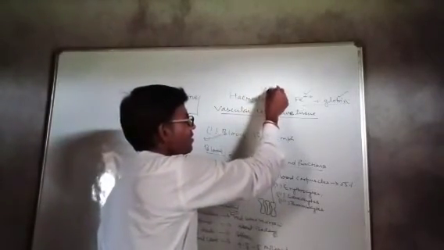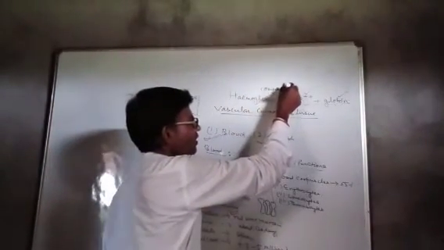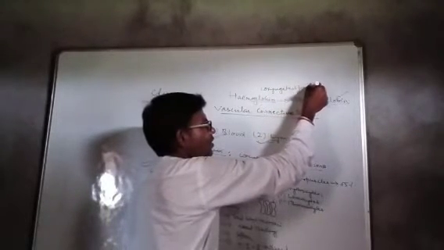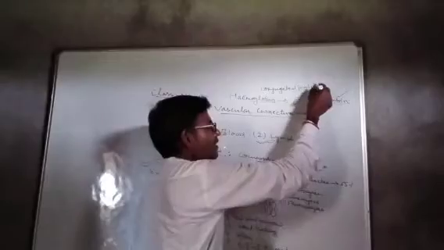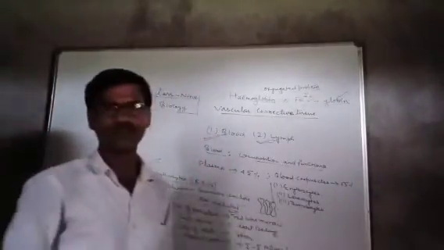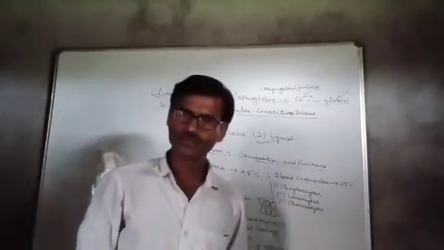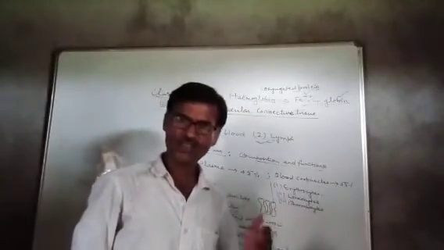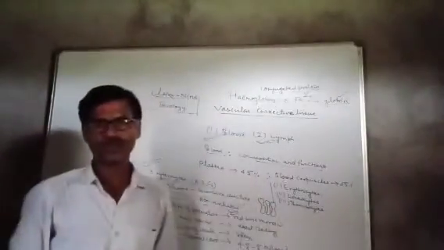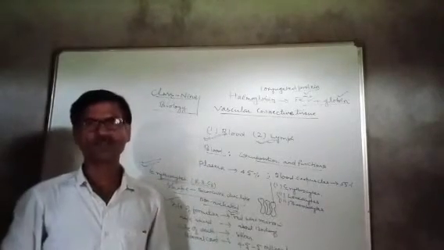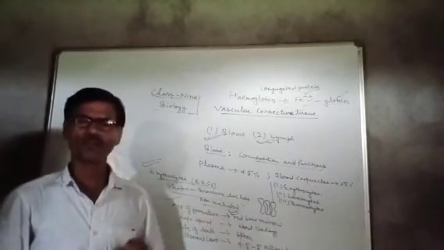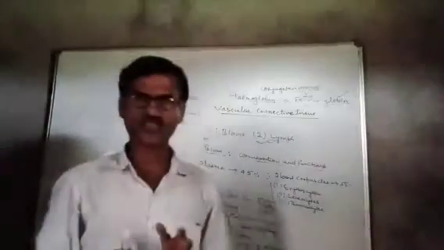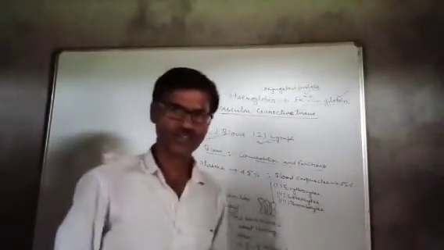So it is a conjugated protein made of ferrous iron and the simple protein globin. It acts as a respiratory pigment in most vertebrates, involved in transport of respiratory gases, that is oxygen and carbon dioxide.